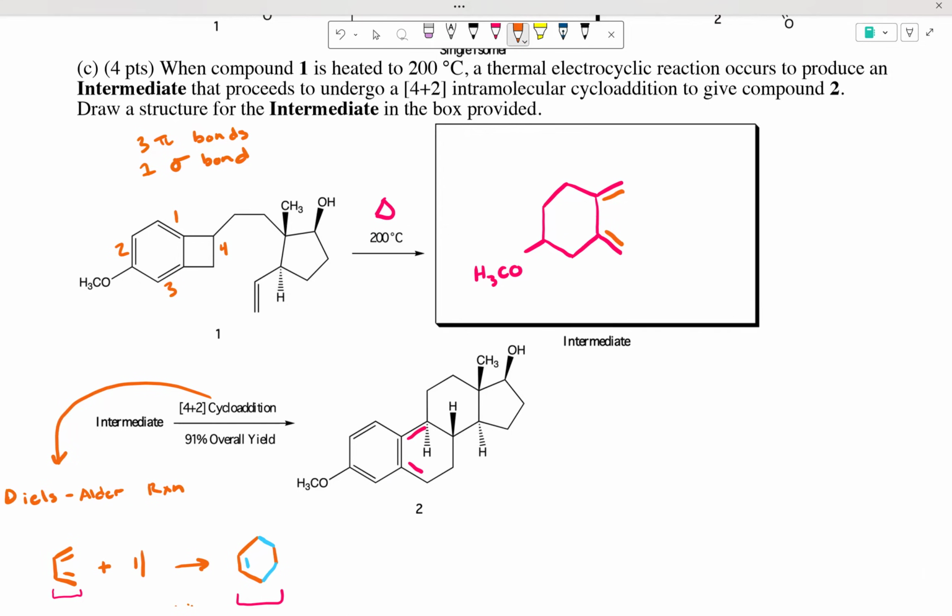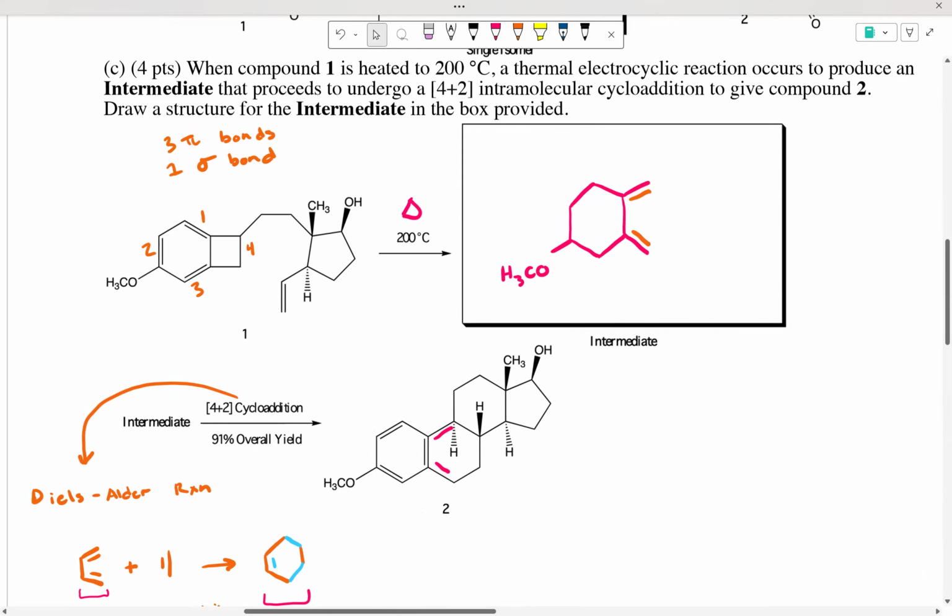And I know it's gonna be a ring opening because we know that our intermediate is gonna have a diene that's open. And the diene that's open is closed in the 4 plus 2 cycloaddition. So that's how I know that this fourth one is going to break open.